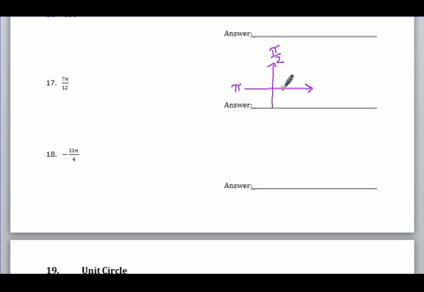So what I'm asking myself is, is 7/12 greater than or less than 1/2? Well, if I'm in twelfths, 6/12 is 1/2, so 7/12 is going to be bigger than that. That means that my angle is going to terminate in quadrant 2, just a little bit past the pi over 2 mark. That's our angle, 7 pi over 12.